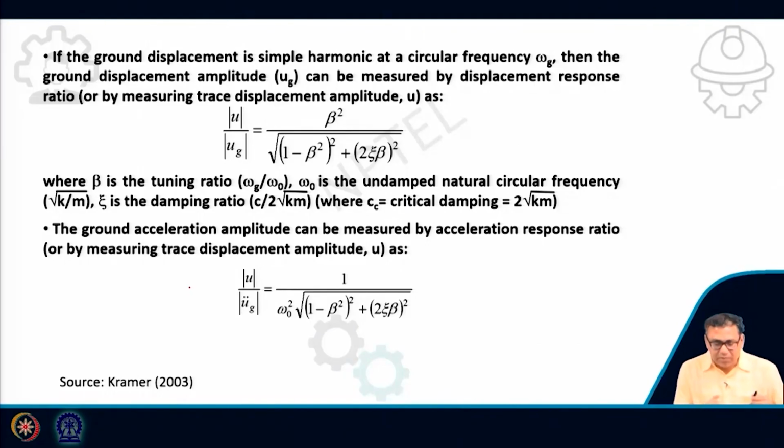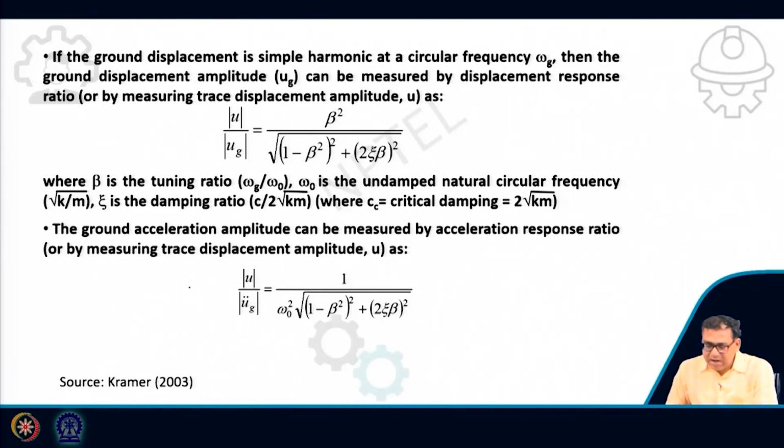Now if the ground displacement is simple harmonic motion at a circular frequency omega_g, then the ground displacement amplitude u_g can be measured by the displacement response ratio or by measuring the trace displacement amplitude u. So if you know this equation, here what is beta? Beta is the tuning ratio, which is omega_g by omega. What is omega?